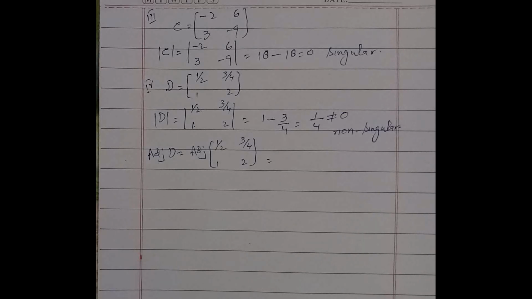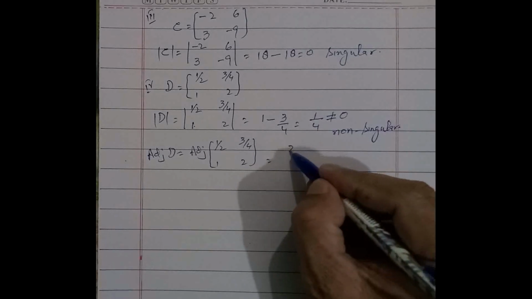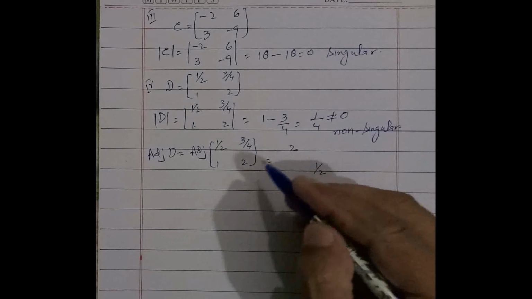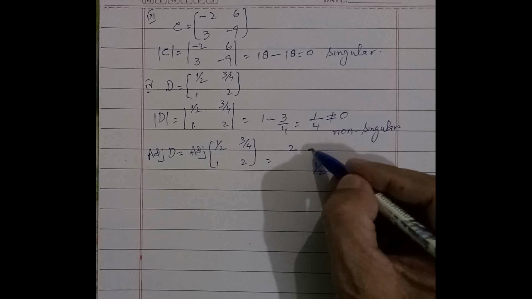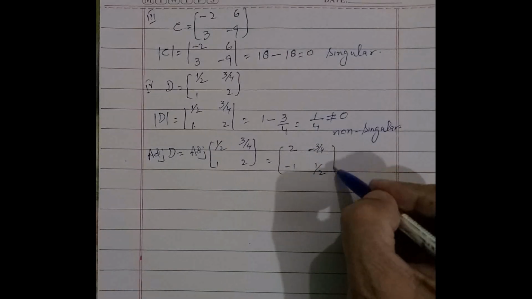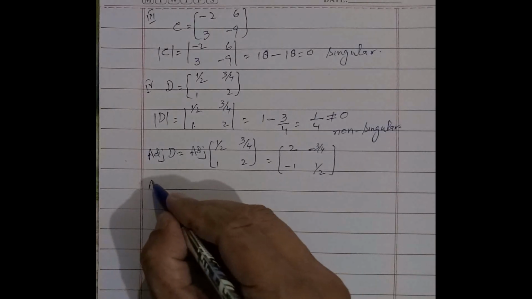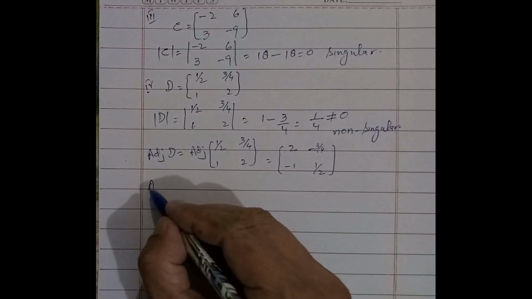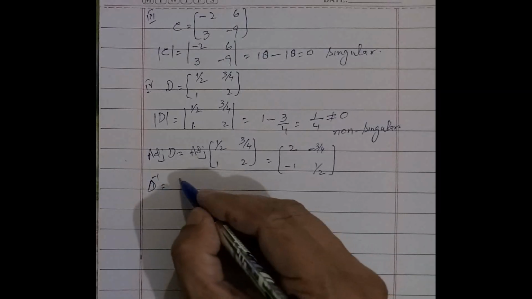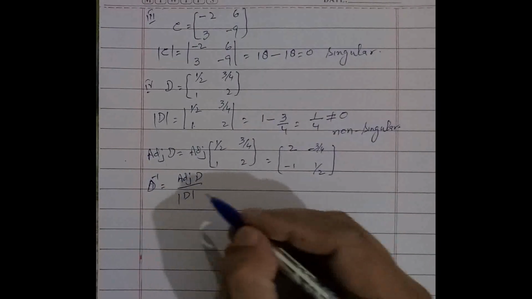When we find the adjoint of the matrix, we change the positions, we get 2 and 1 over 2, and change the signs, minus 3 over 4, minus 1. This is the adjoint of D, and we know that D inverse is equal to adjoint D over D determinant.